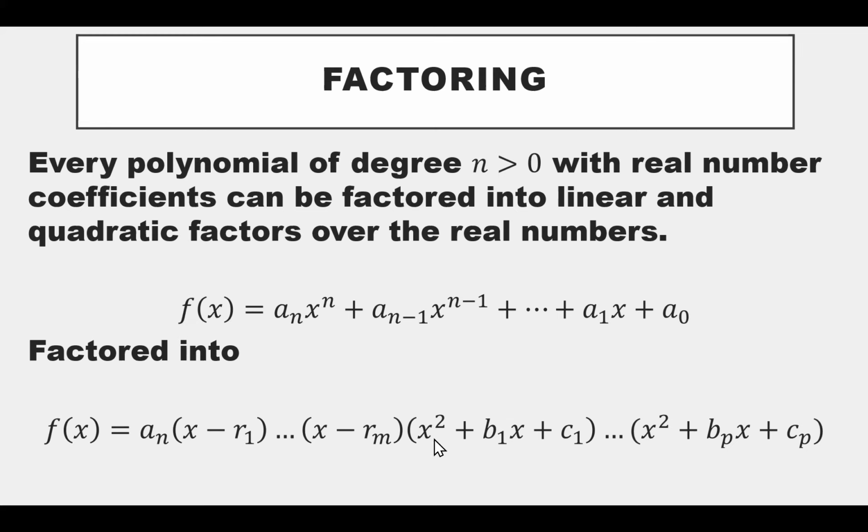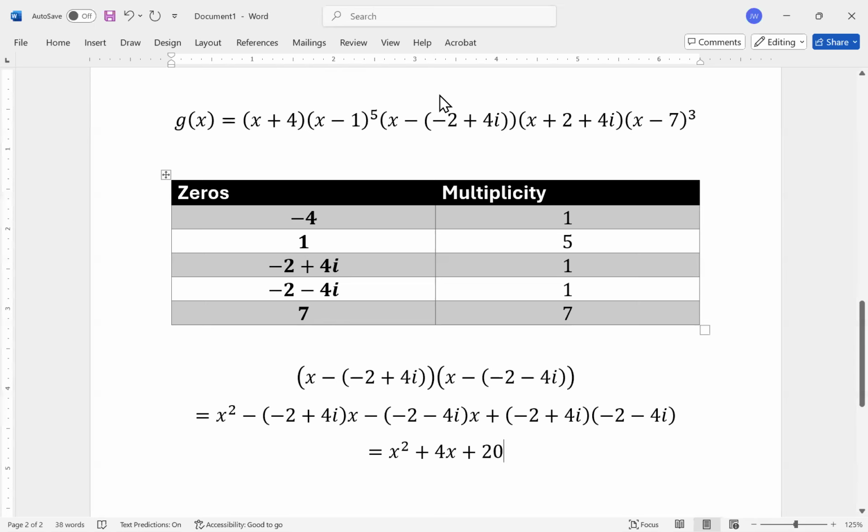Hopefully that makes sense. Let me do an example real quick to show you what I mean by that. So like in the g of x we had earlier, we had two zeros that were complex numbers which occurred in conjugate pairs.